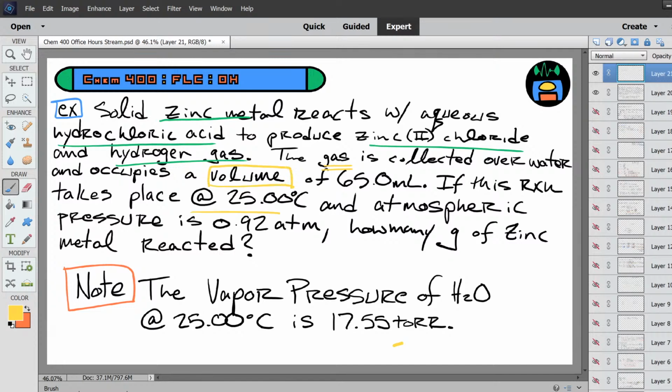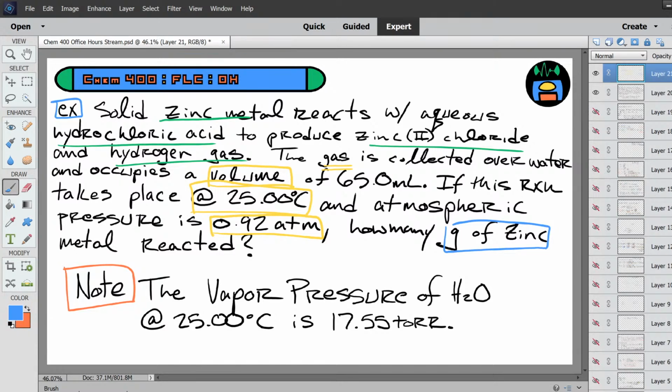We're told a temperature. We're even given a pressure, which we'll see how to use in a minute. So we've got some things to go on, and then we're asked to find grams of reactant. So this is clearly a stoichiometry problem.